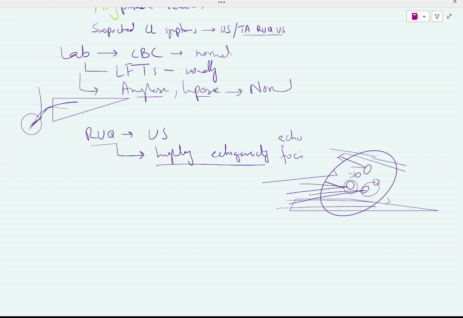So what will you find in ultrasound analysis or ultrasound scan? There will be highly echogenic foci.